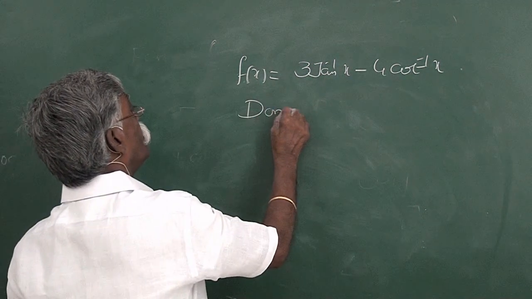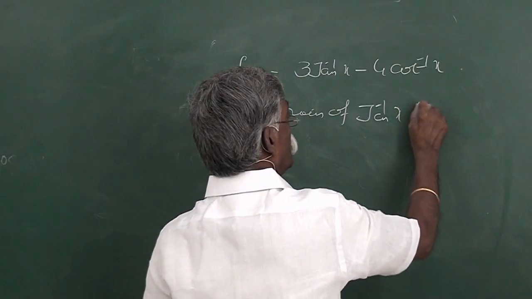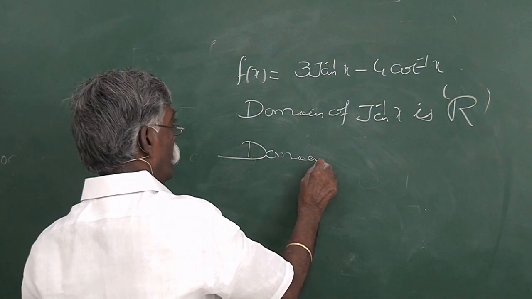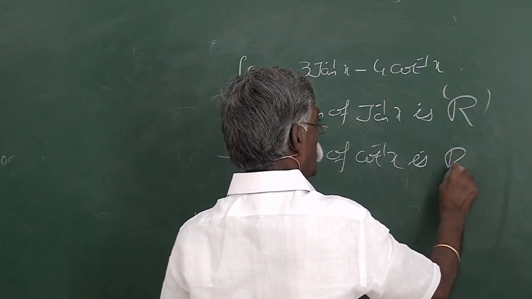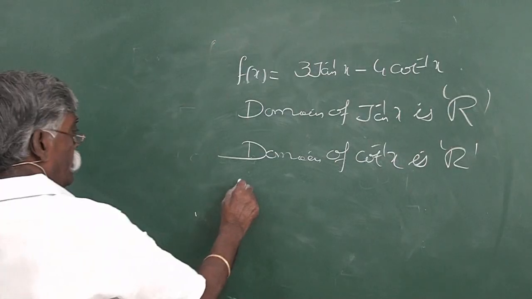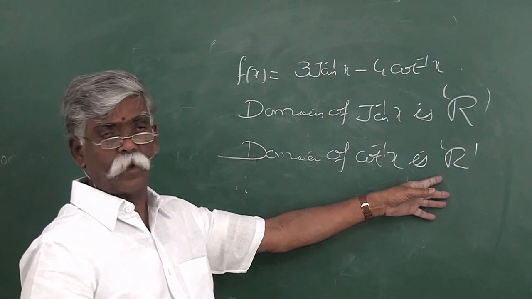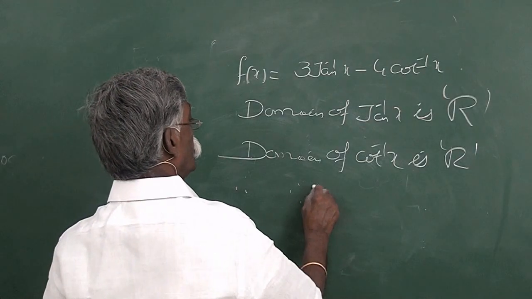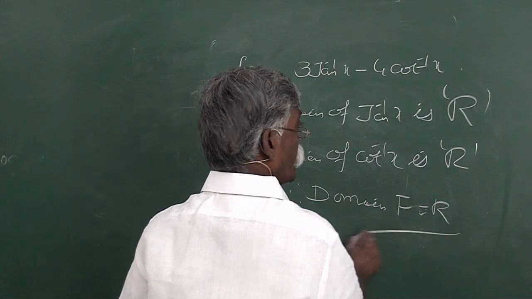Domain of tan inverse x is capital R. Domain of cot inverse x is also capital R. Therefore, when the domain of tan inverse x is capital R and the domain of cot inverse x is capital R, the common domain is capital R. Therefore, domain of f is equal to capital R.